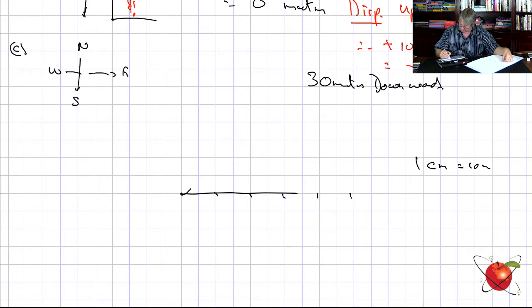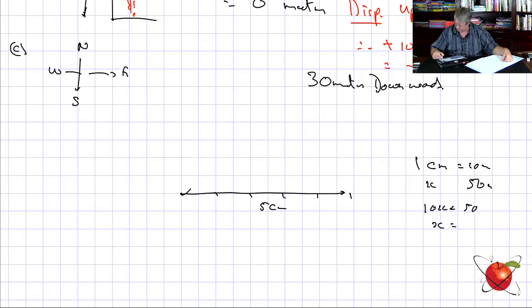There we go. 50 meters is then going to be 5 centimeters. Remember, you put in what you know, x, and cross multiply. 10x is equal to 50, x is equal to 5, and the scale of centimeters is the unit. So that's our first one, to there.